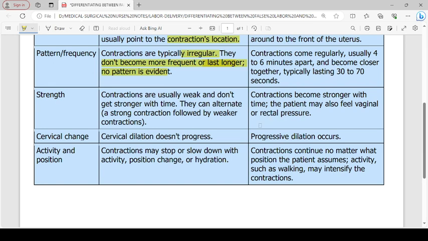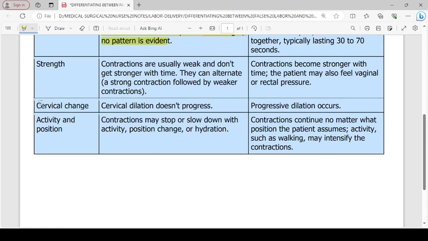Remember, contractions will vary from mild to moderate to strong. What is the effect on cervical change? You find that cervical dilatation does not progress in false labor, but there is progressive dilatation in early labor.